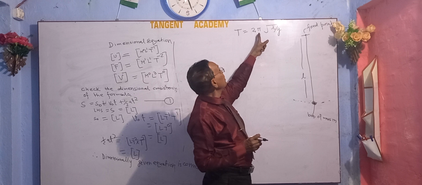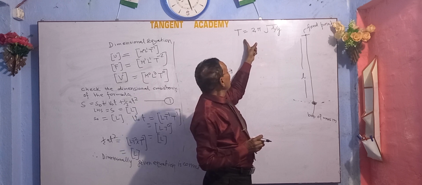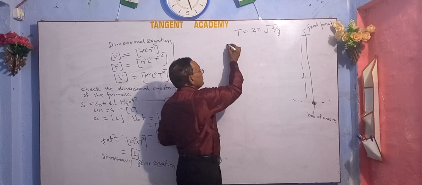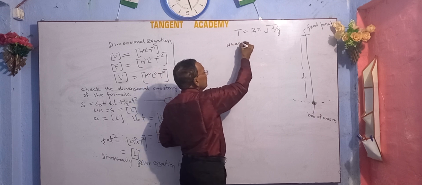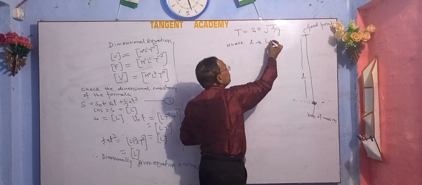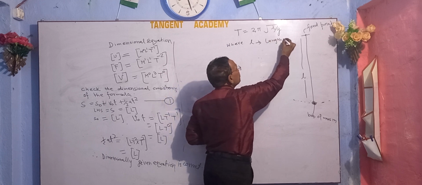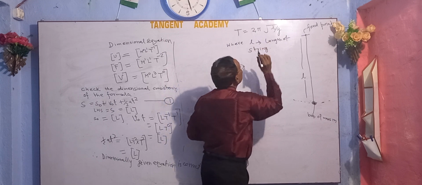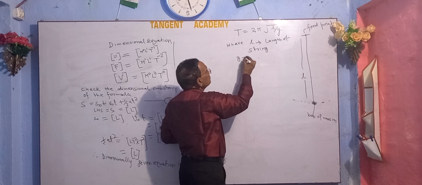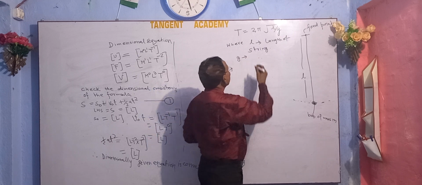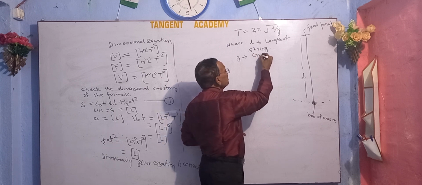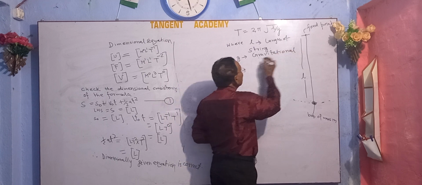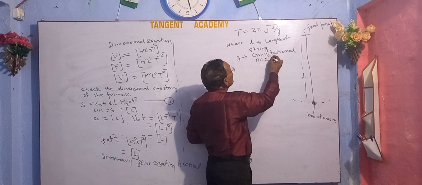I am going to evaluate that the time period of this simple pendulum is 2 pi under root L by G, where L is the length of the string and G is the gravitational acceleration.